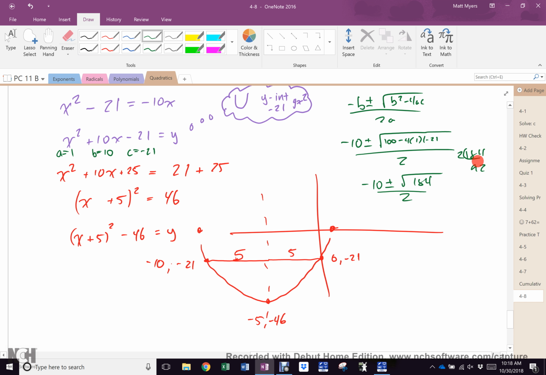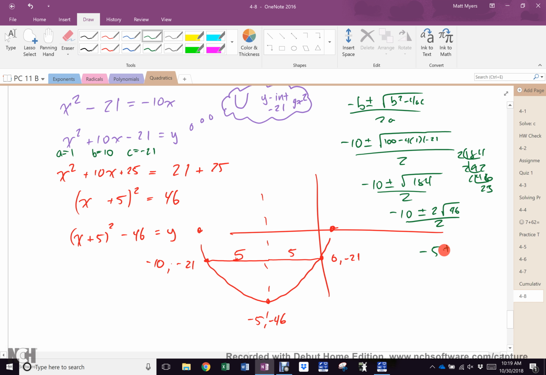Then I've got to stop, right? So it's negative 10 plus, oh no, not 92, 46. Then 2 again, which is 23. And then I've got to stop. Right? Out comes a pair of 2's, and I left 46 under there, over 2.